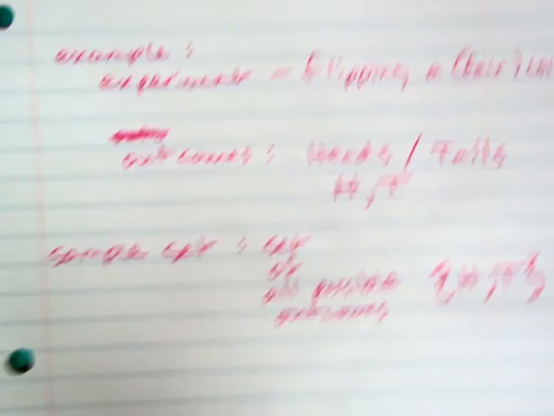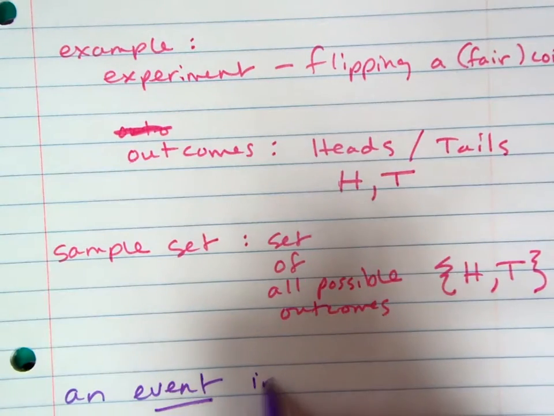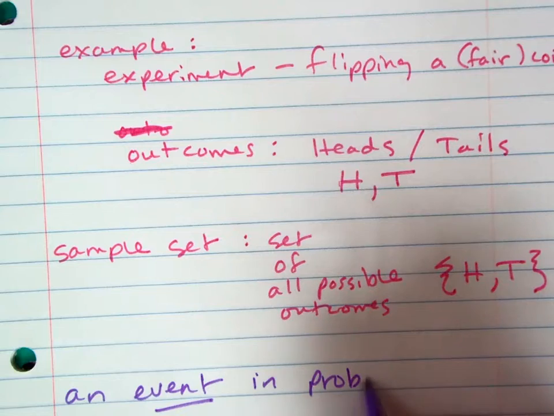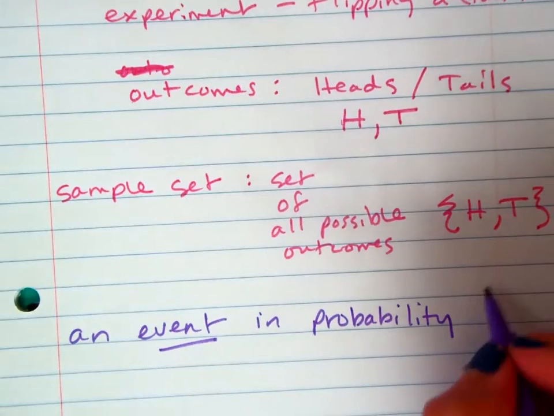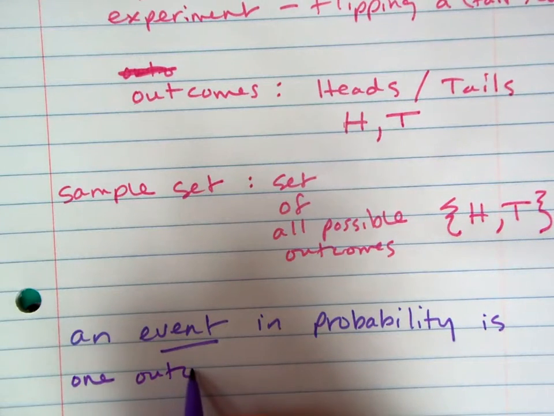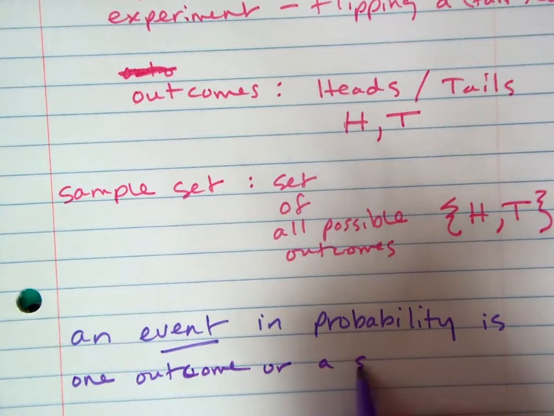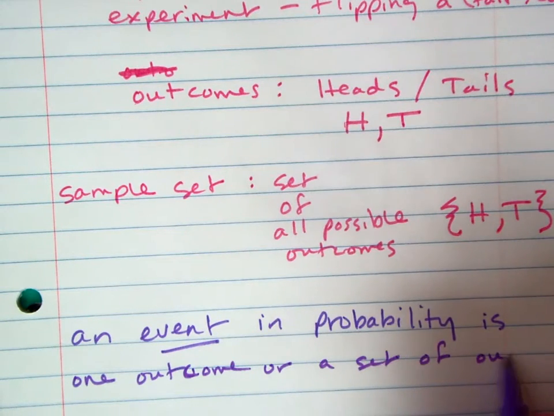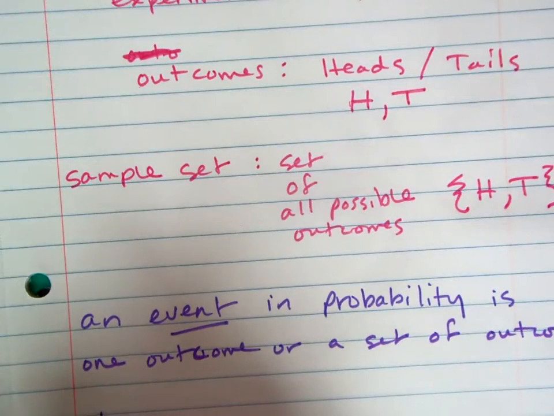Okay, so an event in probability, and you'll hear this term used a lot later on, is either just one outcome or a set of outcomes. We can write P of an event occurring.